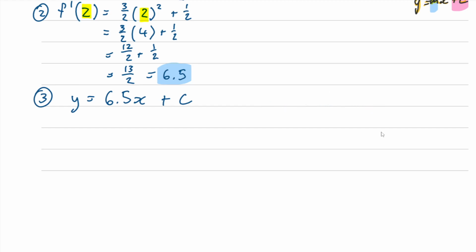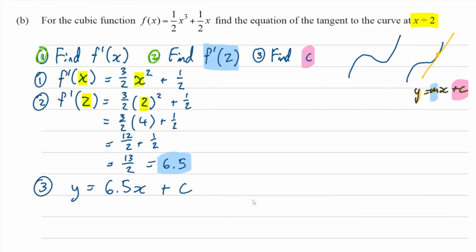So to find c, you'll notice we have one equation but 3 unknowns, so we need to substitute in a point. Now, what point lies on the tangent? We know x equals 2 is half of a point, but to get the y value, we need to use our original function, because the tangent intersects the function at that point.